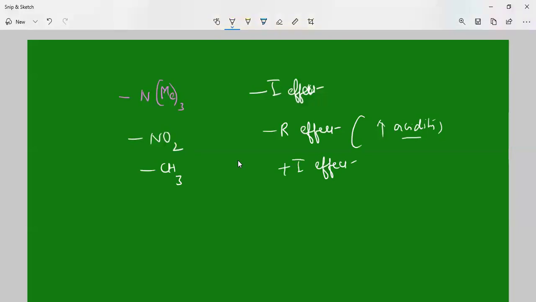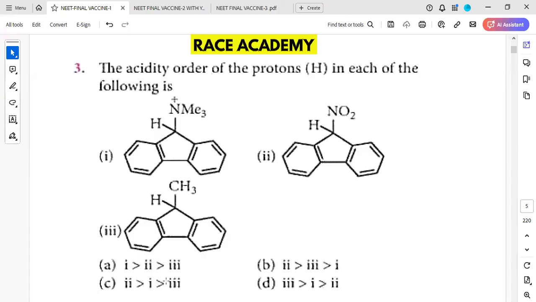Then the negative inductive effect, and positive inductive the least, that means the least acidity can be observed when the CH3 group is present. Accordingly, the right option for this one is the second one greater than the first one greater than the third one. So option C is the right option for this third question.